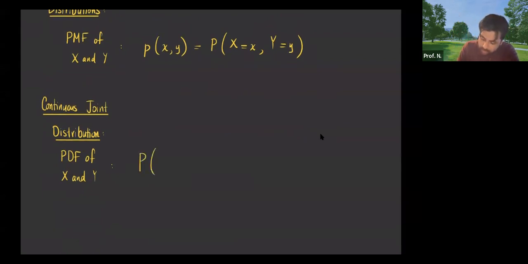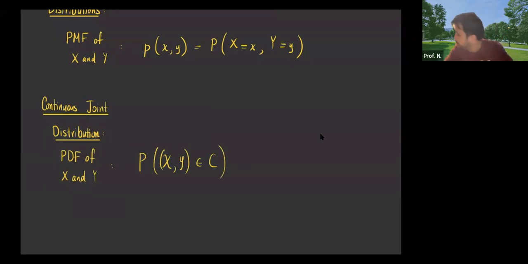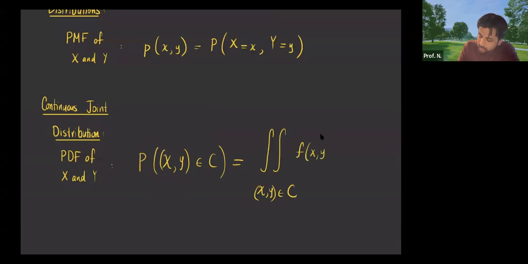So the probability that X and Y is in a certain set is equal to the double integral over x and y being in this set C, of f of x, y, dx, dy.